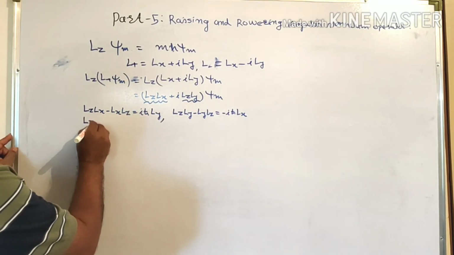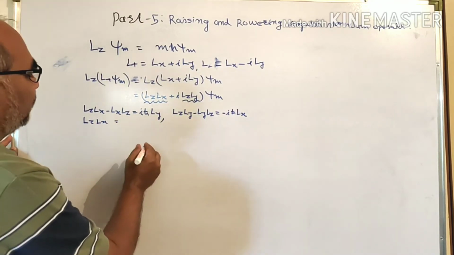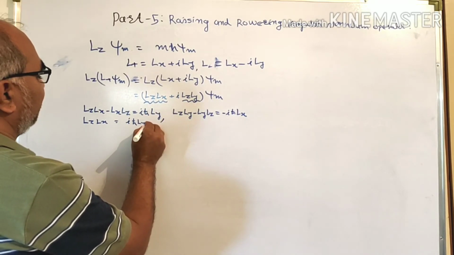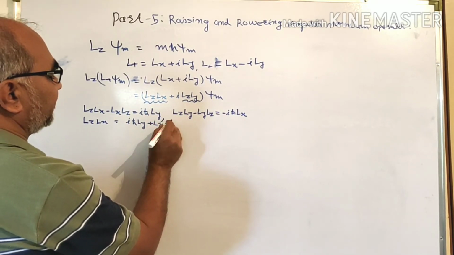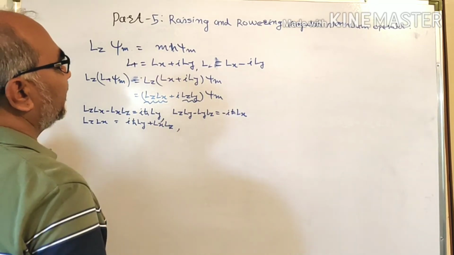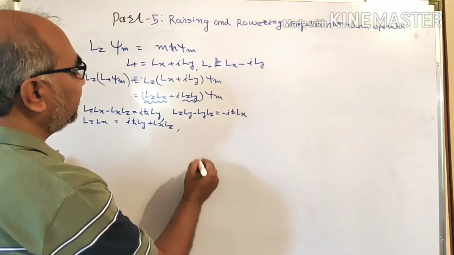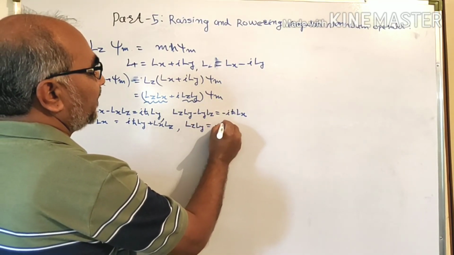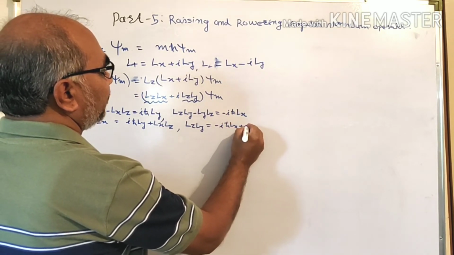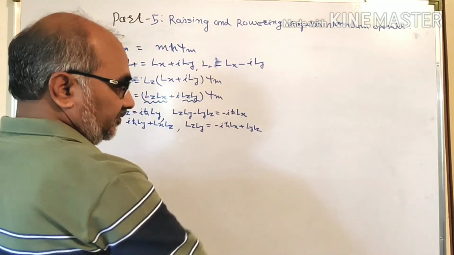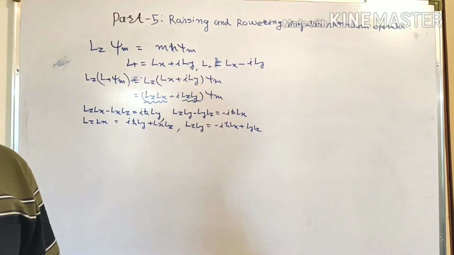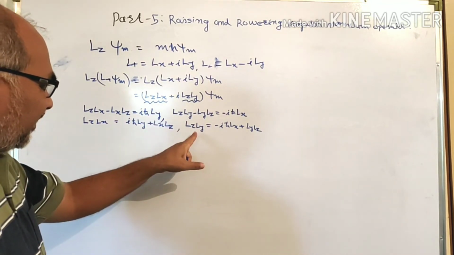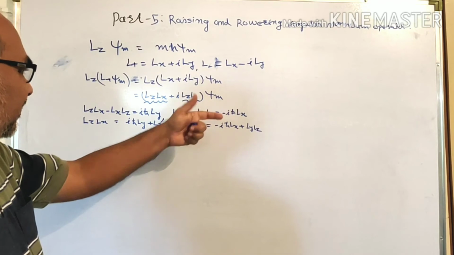So LzLx is equal to iħLy plus LxLz, and LzLy is equal to minus iħLx plus LyLz. Now put these values of LzLx and LzLy in the above equation.